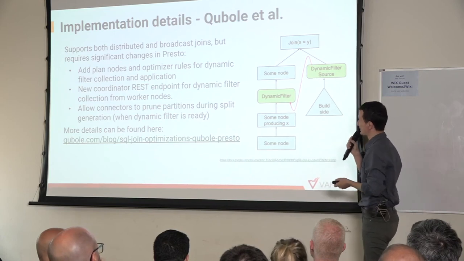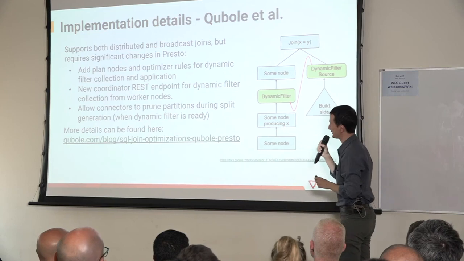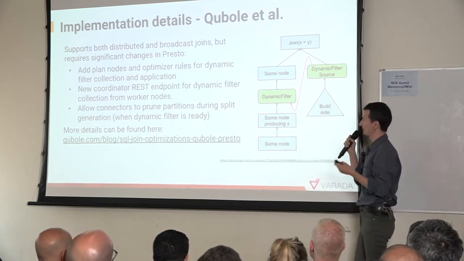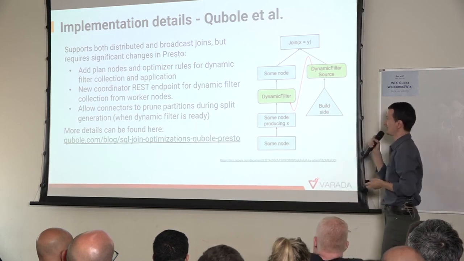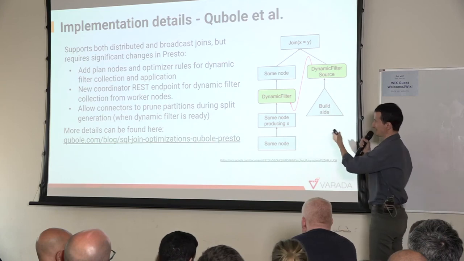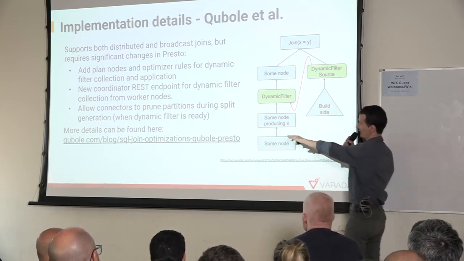And of course, in order to apply them, Qubol and currently the pull request suggests using it for pruning partitions during split generation, which can improve the query performance in some cases, and you can find more details over this link.